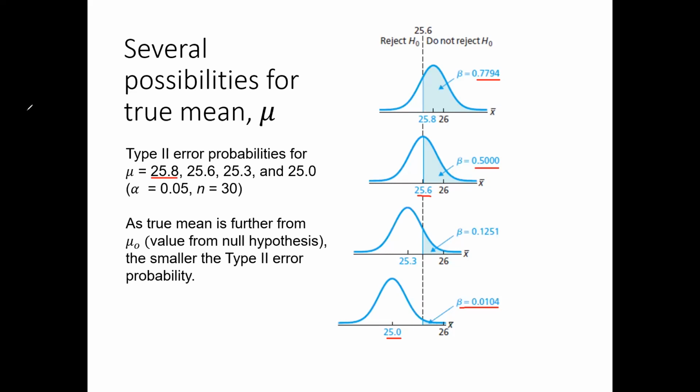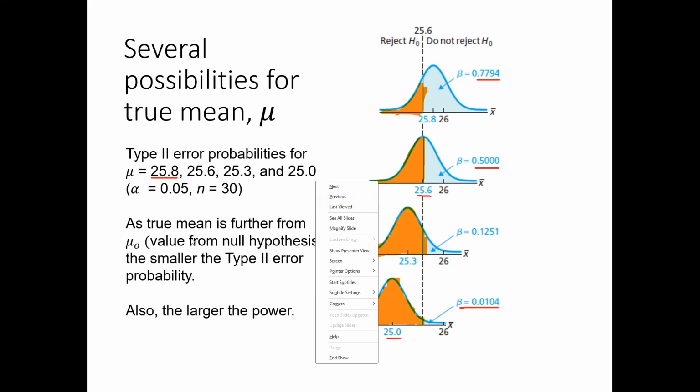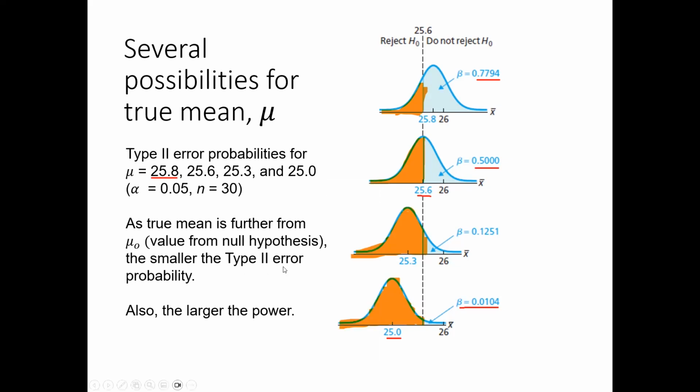Okay, that's just a little observation, but you're not going to need to know that. But what I want you to consider is that as the true mean goes further away, you get a smaller type 2 error, but you also get a larger and larger power, as represented by the area in orange that's being shaded.